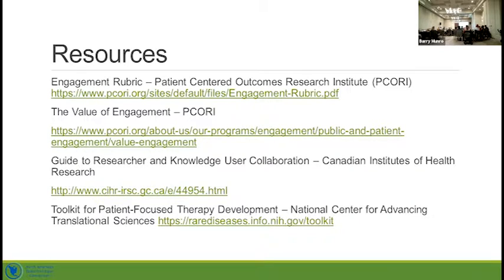I'm going to go through a couple other resources that we will put on our website. Like I mentioned, PCORI has a really good rubric around engagement and all the underlying framework. This is not new. This has been going on in many different disease areas for quite a long time. They've got a good resource on the value of engagement.